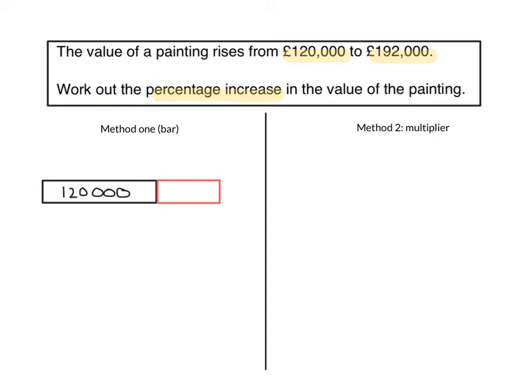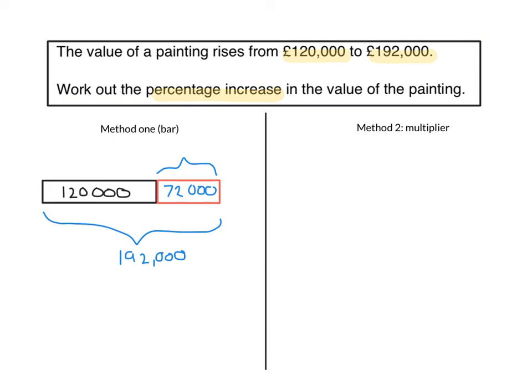And that got us to 192,000. Let's figure out what we added on here. So 192,000 take away 120,000. So we added on 72,000.